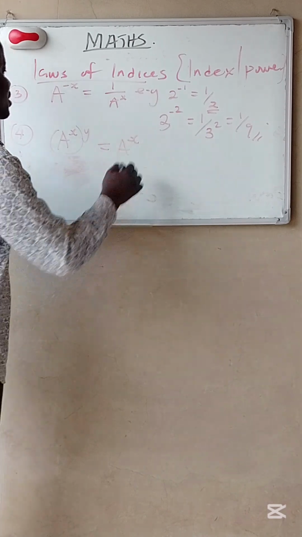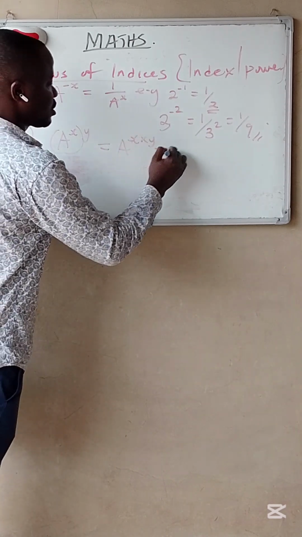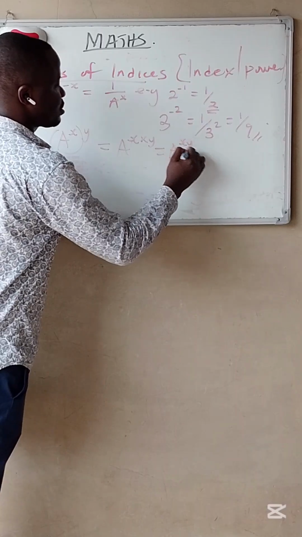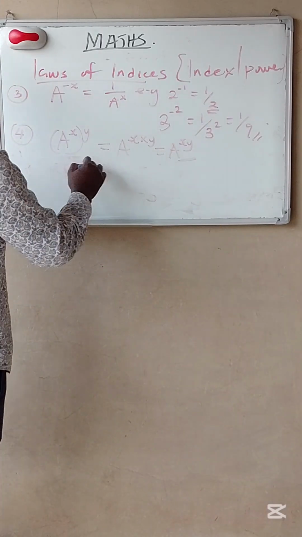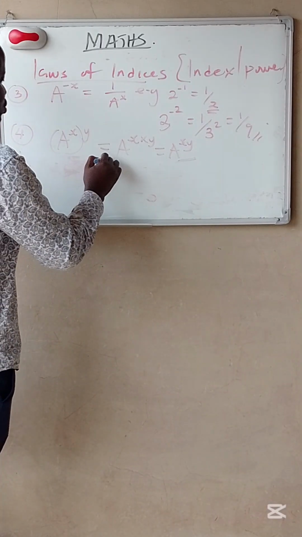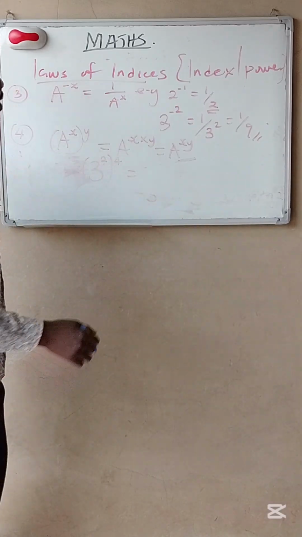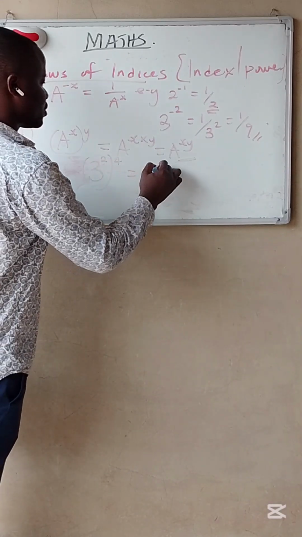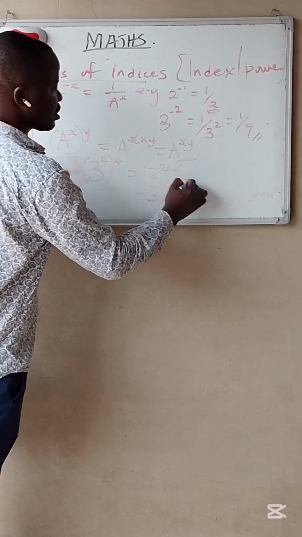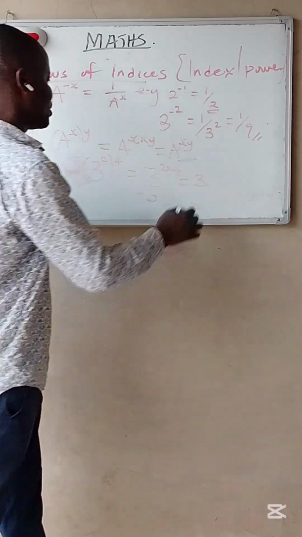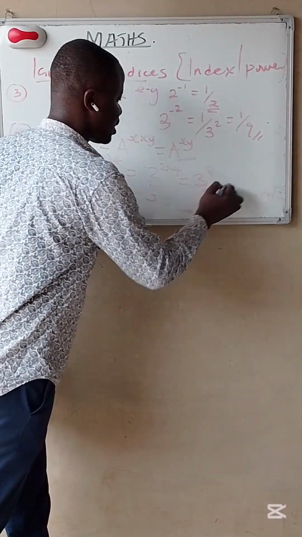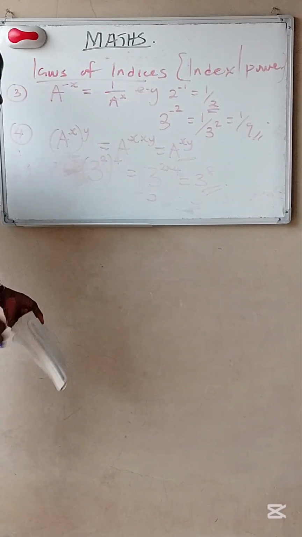That's a raised to power x times y, which is a raised to power xy. So if you are given 3 raised to power 2, all raised to power 4, we say 3 raised to power 2 times 4, which is equal to 3 raised to power 8. You can just leave it that way.